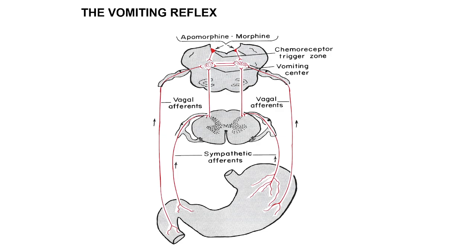So there is the chemoreceptor trigger zone, which is present at the fourth ventricle of the brain, on the border between medulla and pons. So this is the fourth ventricle. Here we have the chemoreceptor trigger zone.